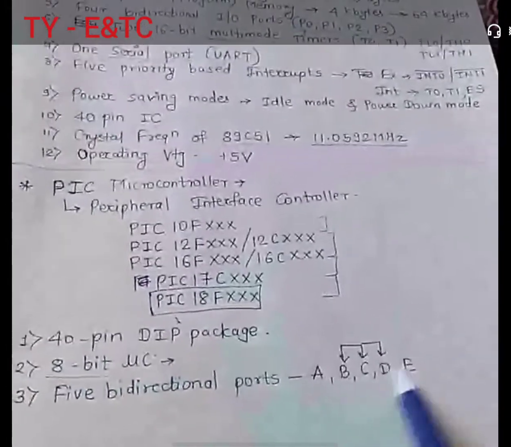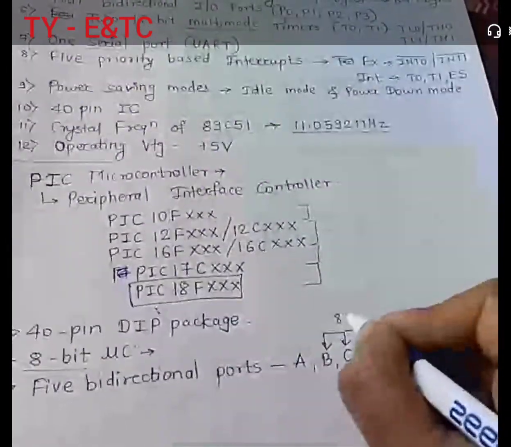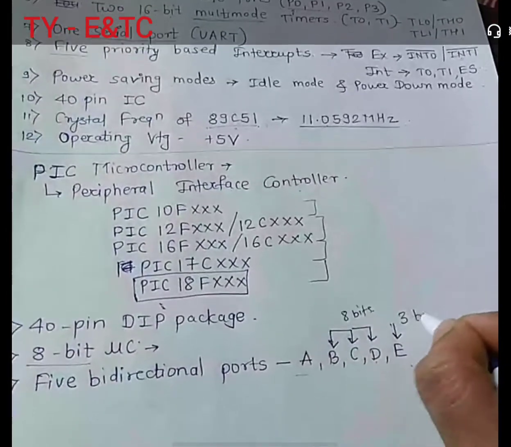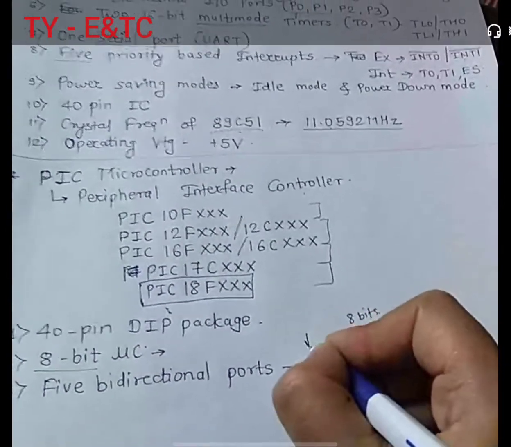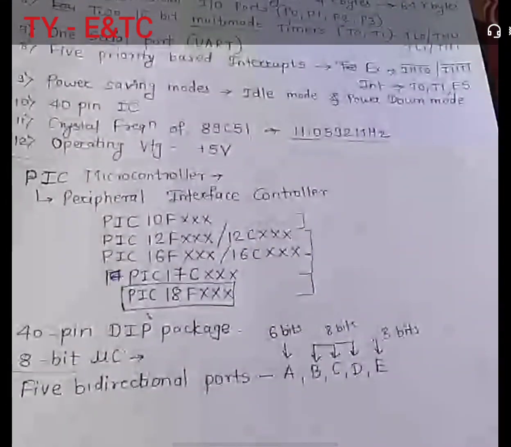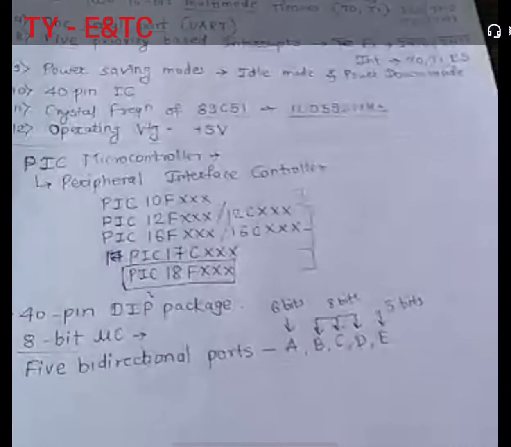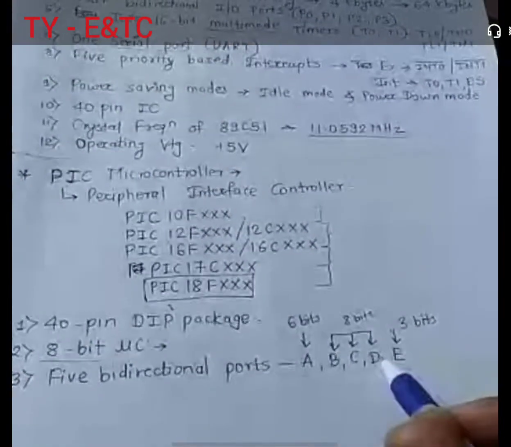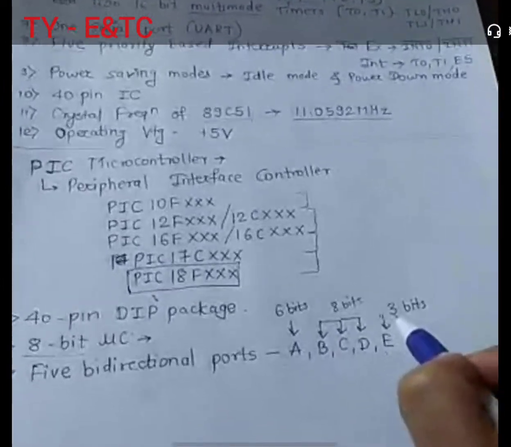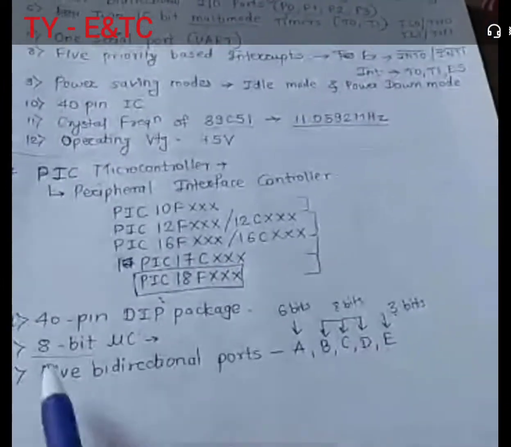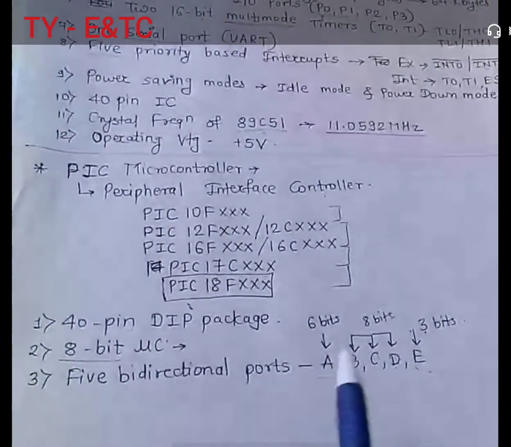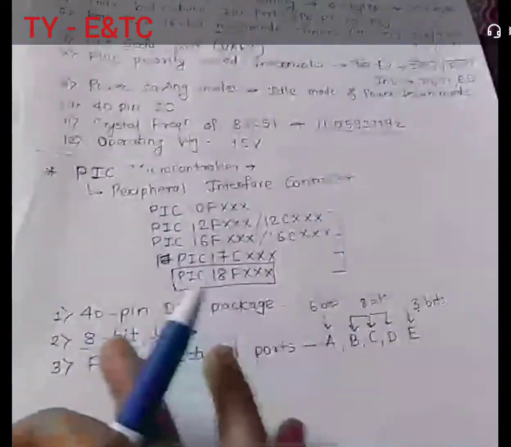Port E has a size of 3 bits, and port A has a size of 6 bits. So 8 plus 8 plus 8 is 24, plus 6 is 30, plus 3 is 33. Out of the 40 pins, a total of 33 pins are used by these bidirectional ports. So this is one of the features.